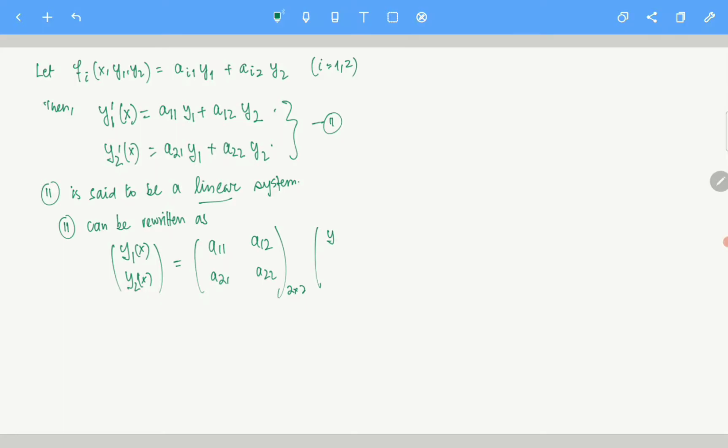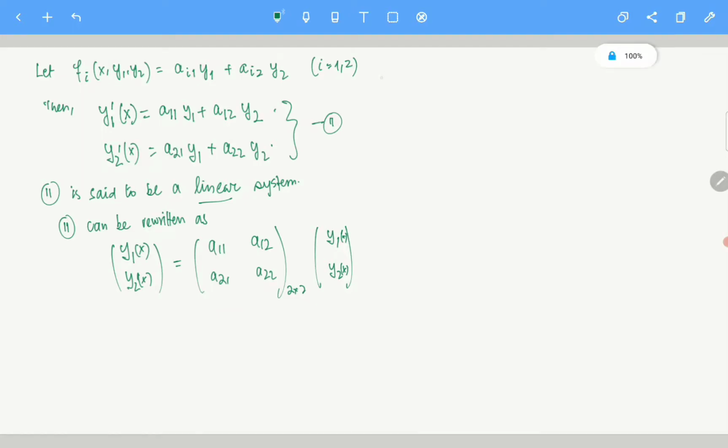I can write it like that with y1 and y2, which of course depend on x. And please remember, a11, a12 and so on may be constant, or they may not be constant; they can be functions of x also.